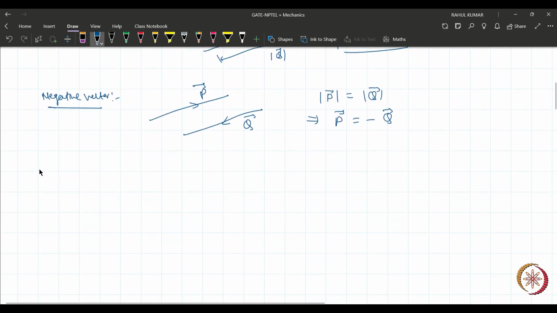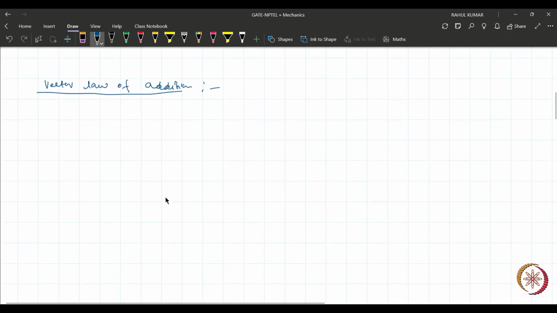Okay, now we will move forward to the vector law of addition. Vector law of addition, that is actually very important. Okay, vector law of addition says suppose we have a vector P and another vector Q is such that the tail of vector Q is directly connected to the head of P, and there is another vector R such that its tail is connected to the head of Q, and there are so many vectors like that.